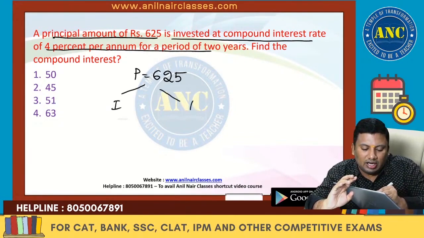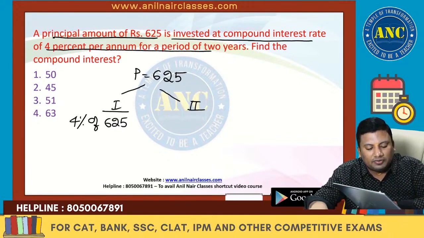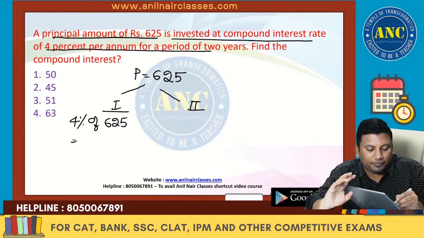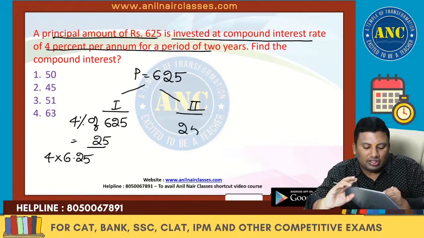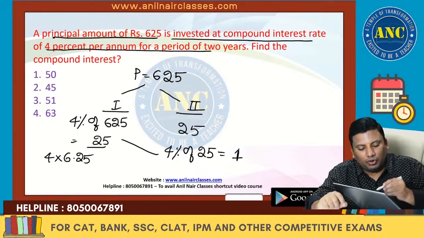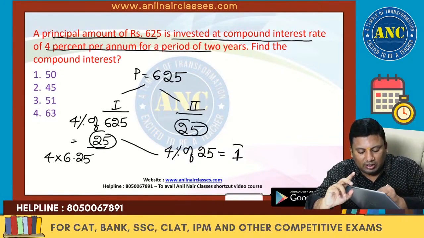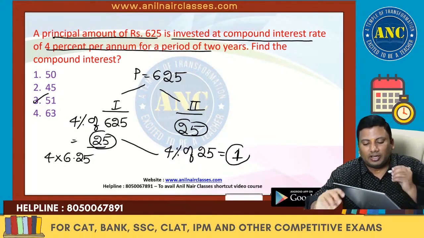So there is a first year and a second year. 4% of 625 is nothing but 25, which is 4 into 6.25. Second year also it is 25. Then there is 4% of 25, which is nothing but 1. So find the compound interest. Total compound interest is 25, 25, 1. Answer for this question is 51.